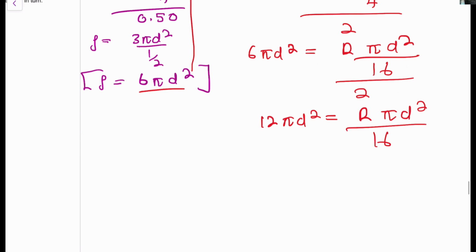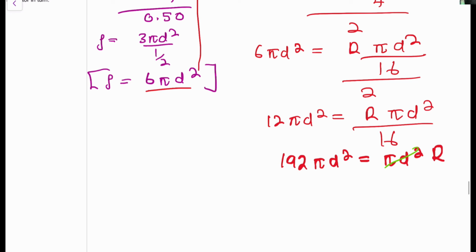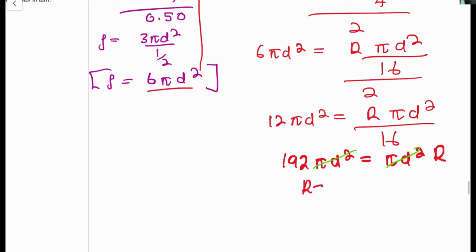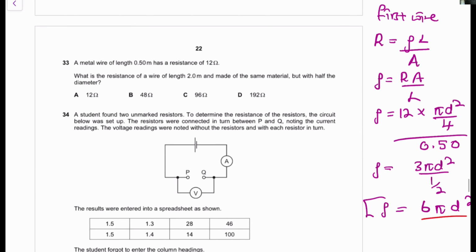So you have 12 pi d squared being equivalent to R pi d squared divided by 16. And if we multiply 12 by 16, we're going to get 192. So we get 192 pi d squared equivalent to pi d squared R.